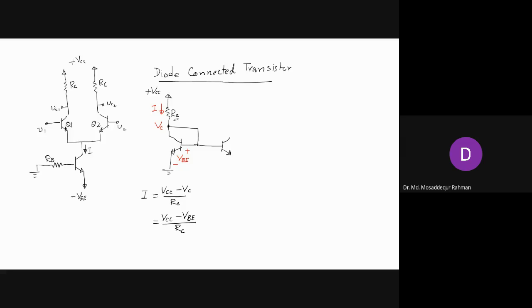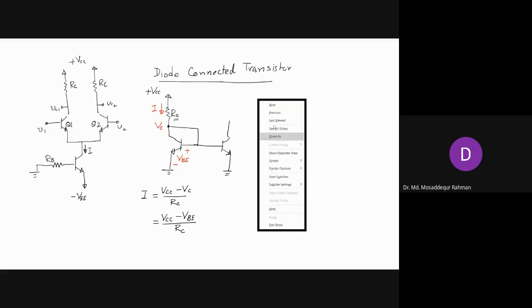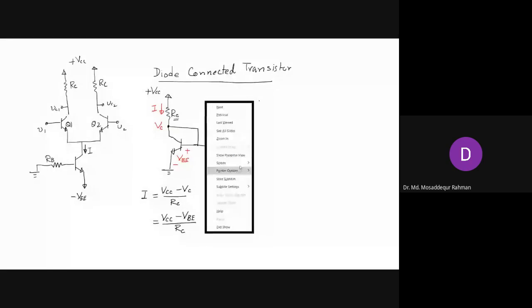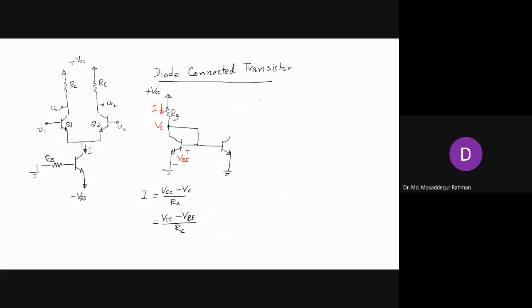If you connect like this, so let's say this is our Q1 and this is our Q2. Right?